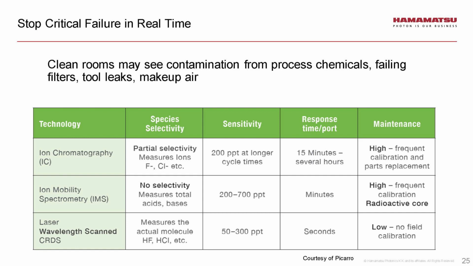With a laser analyzer system, and today with CRDS, you're looking at readings on the order of seconds, and it's running all the time, continuously, 24 hours a day. So if you're worried about contaminants in your system, you want to know as soon as possible, look no further than a laser system. And of course, they're sporting very high sensitivity on the order of parts per trillion as well, which is exactly what you want.